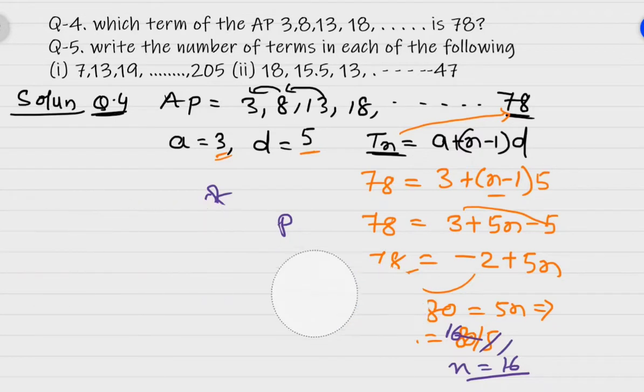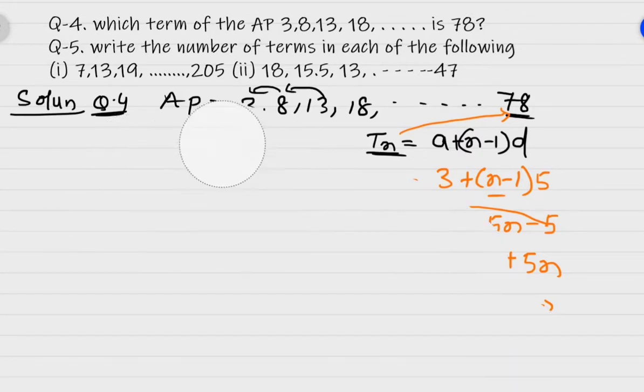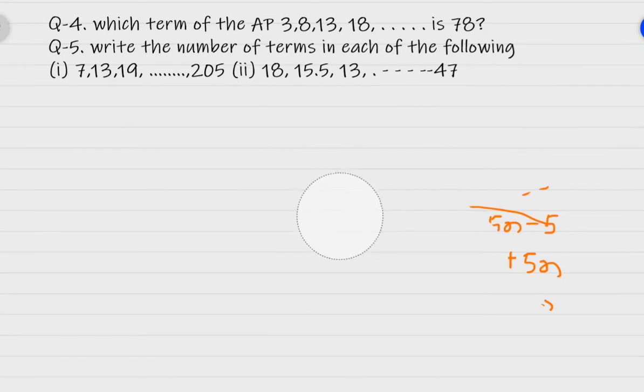Okay. Now let us see the next question. Let me rub this. Now what is your next question? Question number 5. Write the number of terms in each of the following. How many terms are there? See the same thing. Here you have taken out n is equal to 16.